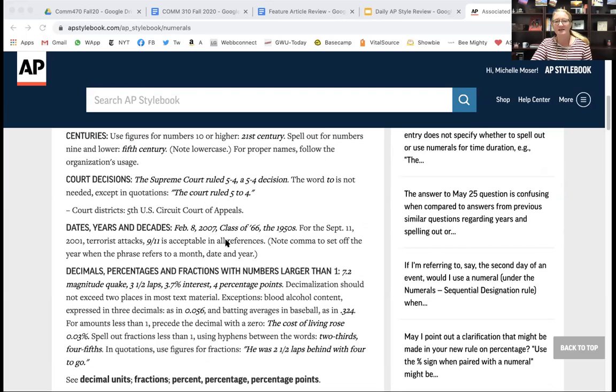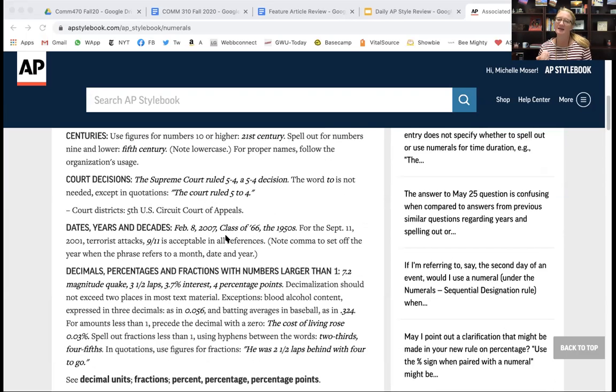For dates and decades, we've gone over a lot of this in class, but remember you can use things like the class of '66, the class of '04, the class of '24. You don't have to spell that out. You can just use the little apostrophe and then the last two numbers.